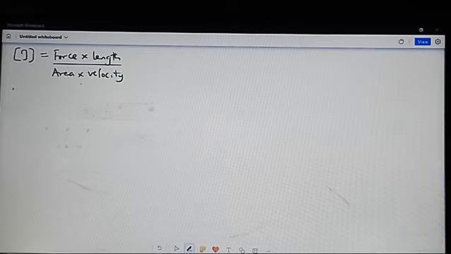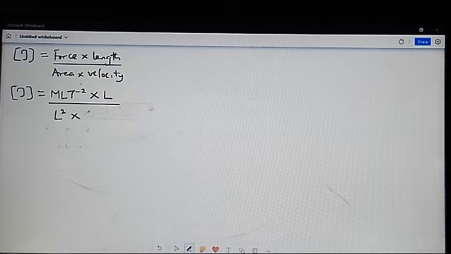Now, we already know the dimensions of the above quantities, so we simply substitute them. That of force is M L T to power minus 2 times that of length, all over area, which is L squared, and velocity, which is L over T, or L T minus 1.